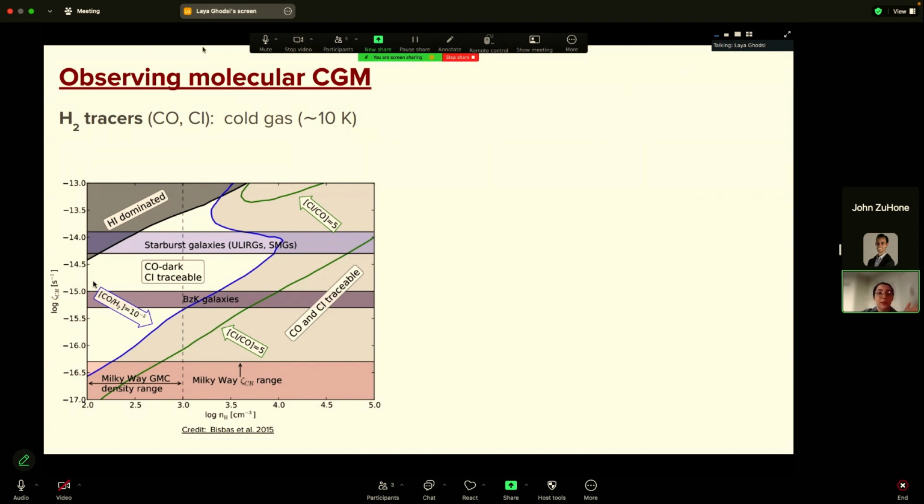Molecular CGM again can be traced and detected using different tracers. Molecular hydrogen can be traced with CO and C1. We are using a combination of CO and C1 to trace cold molecular hydrogen because it's been shown in recent works that for some gas with specific properties, CO might be dark, and C1 is a good combination.